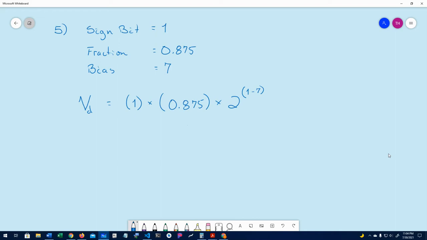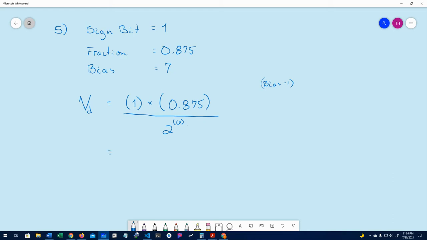A negative exponent is just the same as saying divide by 2 raised to, and if we took the bias less 1, we'd have 2 to the 6. So that's the way I would calculate it.